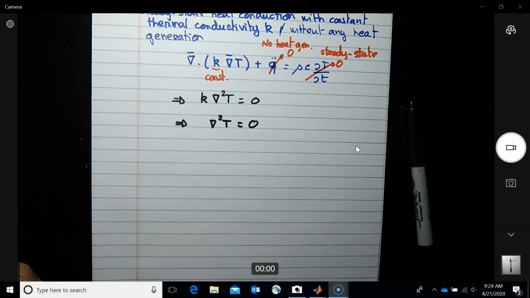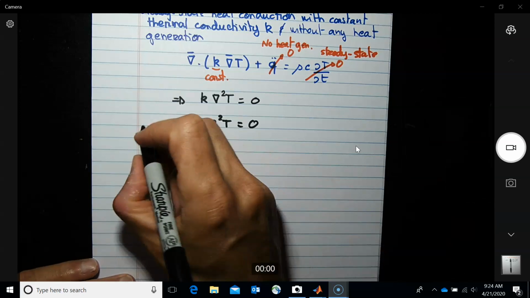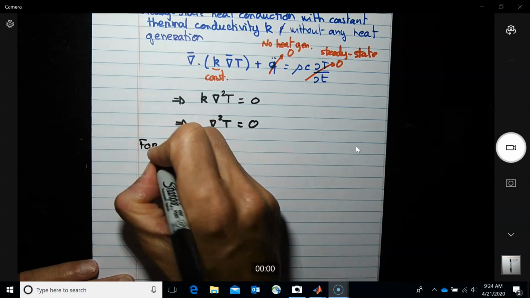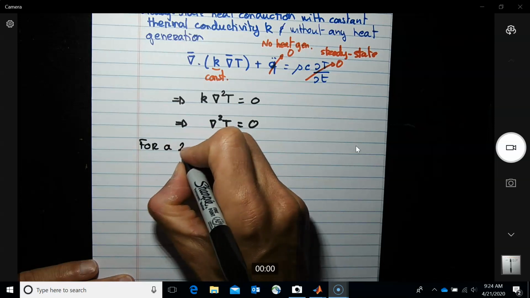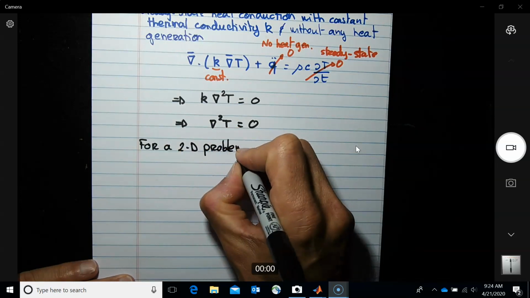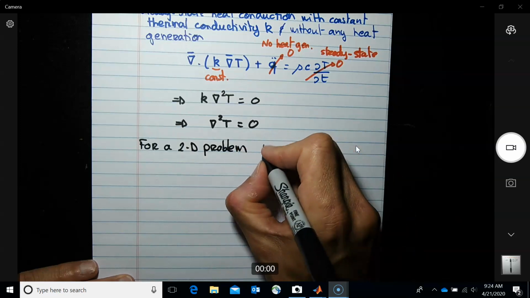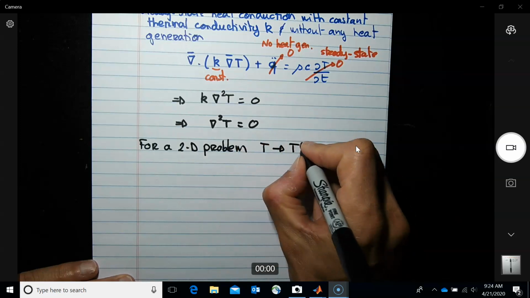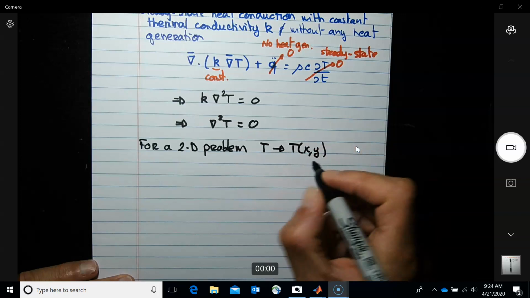Okay, so for a 2D problem, which is the one we're going to use, T would be a function of x and y.